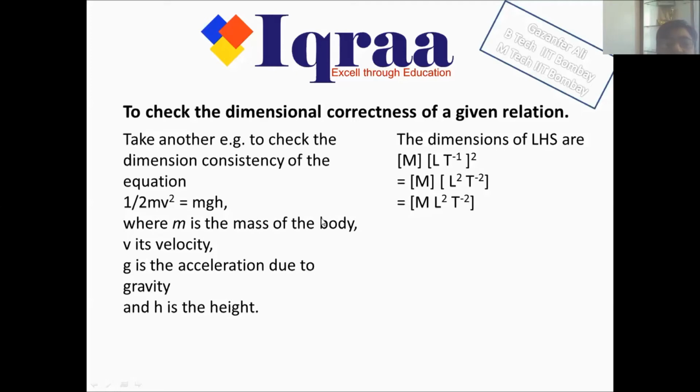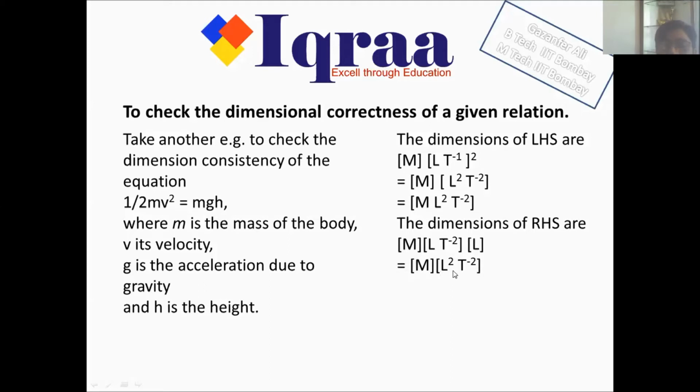Now let's check the dimensions of the right hand side. m is mass, which will be M. g is acceleration due to gravity, which will be L T to the power minus 2, and h is the length, which will be L. M, L T to the power minus 2, and L. We'll simplify it further.